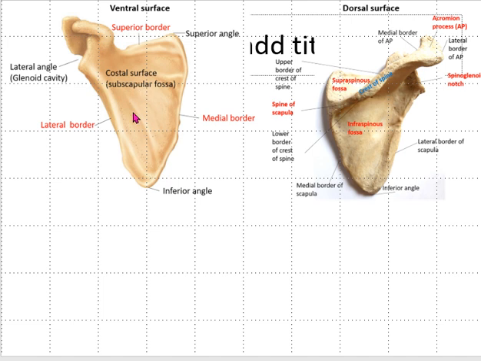Two surfaces: this is the ventral surface, and this is concave, and it is called the subscapular fossa. The dorsal surface is divided into supraspinous and infraspinous fossa by the spine of the scapula.